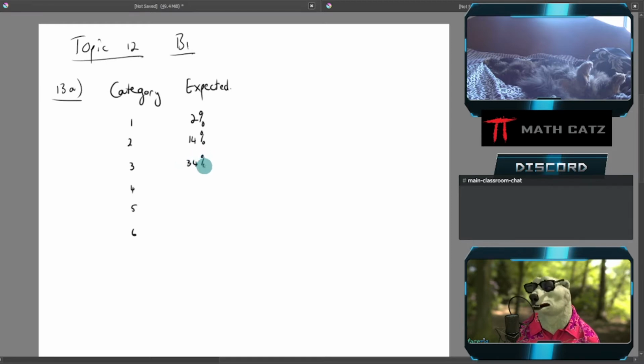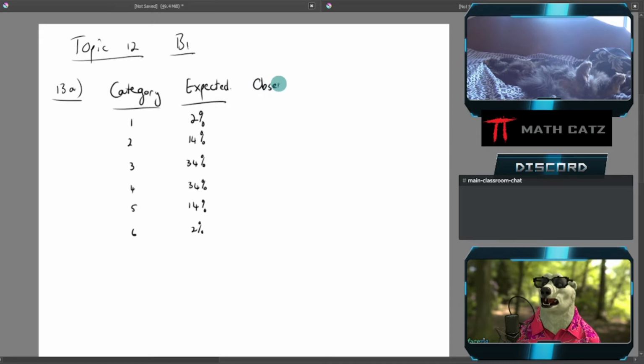So here we have 6 categories, and each one has its expected frequency, giving us the distribution over these categories. These percentages might look familiar to you, but it really doesn't matter for this. Some distribution could be something familiar or not.